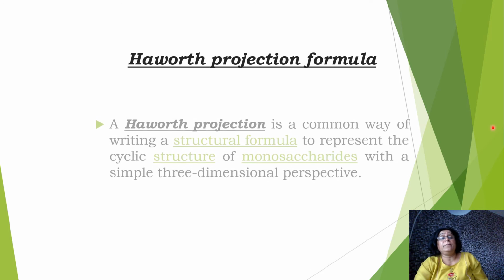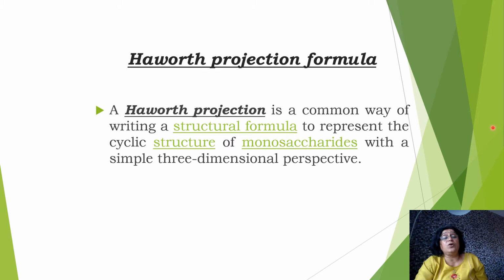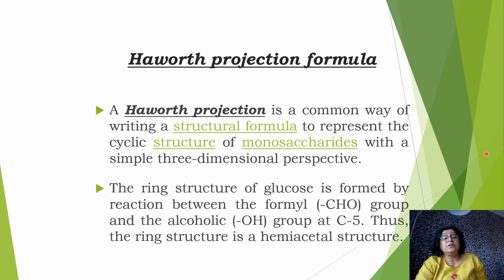Haworth projection formula. The Haworth projection formula is a common way of writing a structural formula to represent the cyclic structure of a monosaccharide with a simple three-dimensional perspective. So the ring structure of glucose is formed by the reaction between the formyl group, that is the aldehyde group, and the OH group of the fifth carbon. Thus the ring structure is called the hemiacetal structure, and just now we saw its formation.